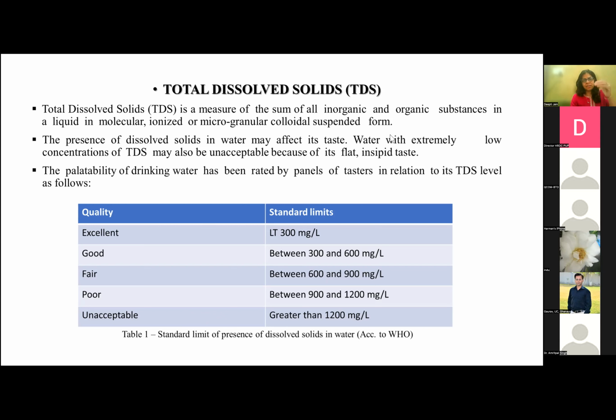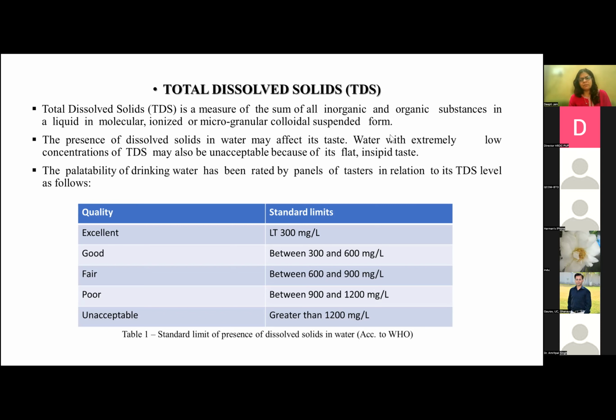And when the TDS level comes to this extent, we are getting very sweet water. The taste of water becomes very sweet. And that is not good. So it should be around 300 mg. If it is less than this, then also it is not advisable.